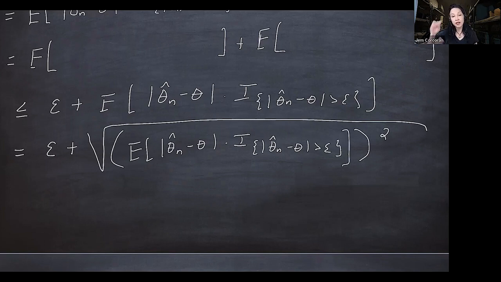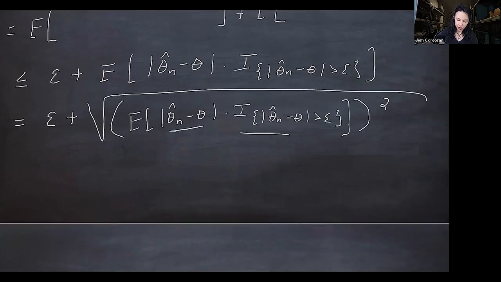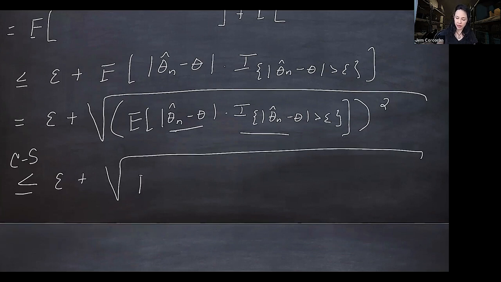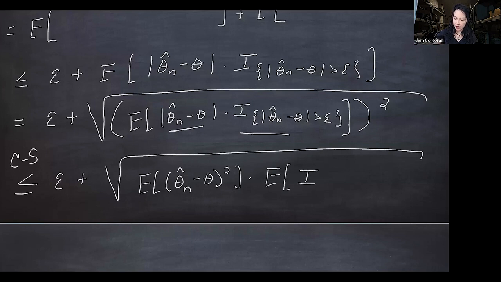So here I have an expectation of something squared, and by the Cauchy-Schwarz inequality that we did last time, this is less than or equal to the expected value of the individual thing squared times the expected value of the other individual thing squared. So this is less than or equal to, I'll put CS for Cauchy-Schwarz, epsilon plus the square root of the expected value of theta n hat minus theta squared. I did drop the absolute value because it's squared, times the expected value of the indicator squared.